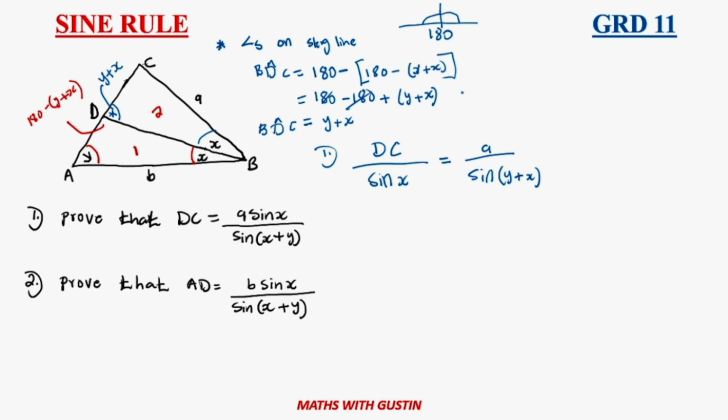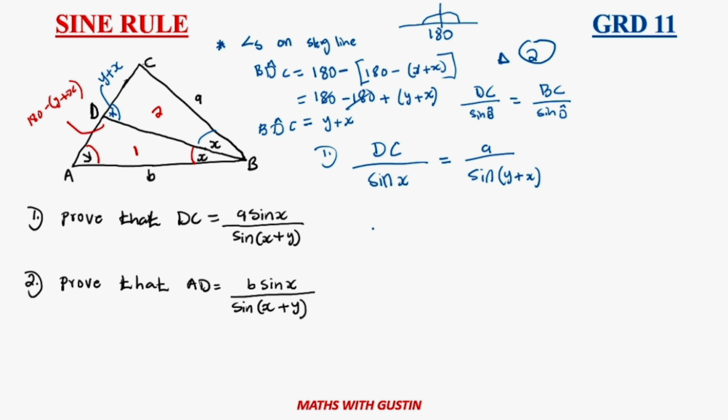Basically what I did here, I said DC over sine B, which is this B on the other side, is equal to side BC all over sine angle D. This is on triangle number 2. That's where we're working from.